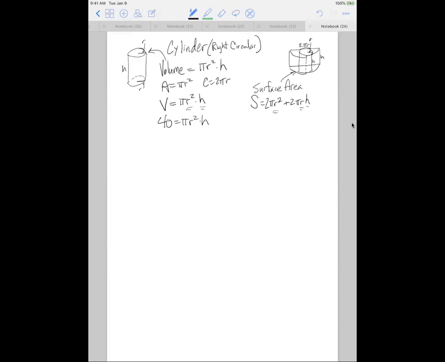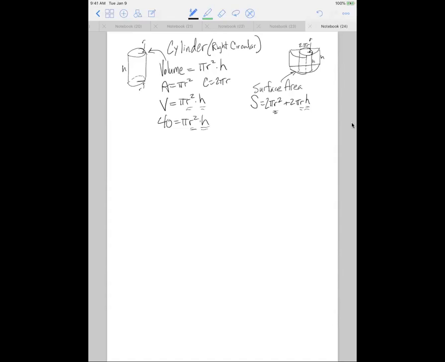And if you notice, we've got an r squared over here and an r squared over here. That means if you solve for r, you have to take the square root, a messy number. Notice the h is standing there by itself in both equations. So if we go back to the constraint equation, the one with the 40 on it, solve for h, and substitute that back into the other one, it'll be the more straightforward solution, I think.